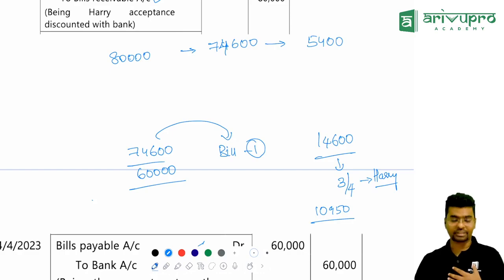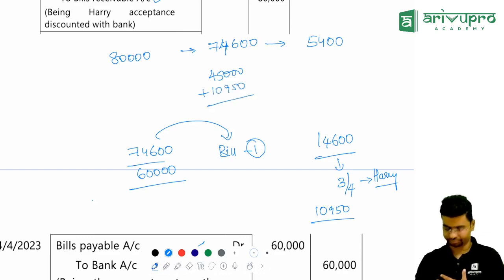Now when I'm trying to calculate what is the actual amount due from Harry, can I say that it is 45,000 plus 10,950? What is the amount due from Harry? Can I say it's 45,000, which was the first bill due, plus 10,950?